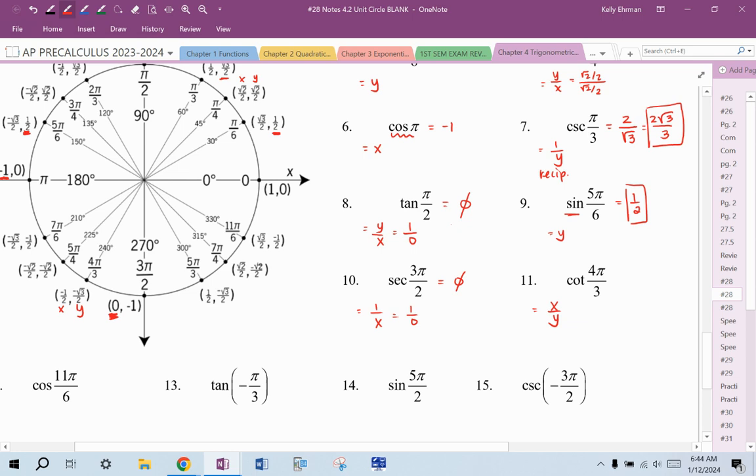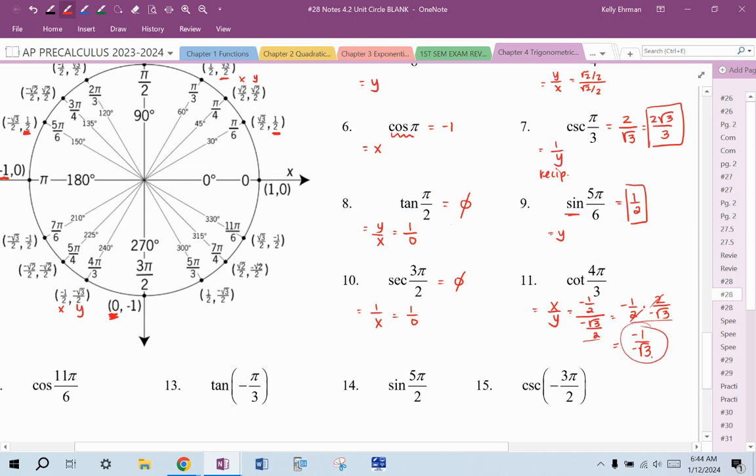Now, the long way to do this is to make it -1/2 over negative radical 3 over 2. And then when we divide by fractions, we multiply by reciprocals. The 2's are going to cancel. We've got to simplify from there. But I say that's the long way because you really didn't need to write this step or this step.